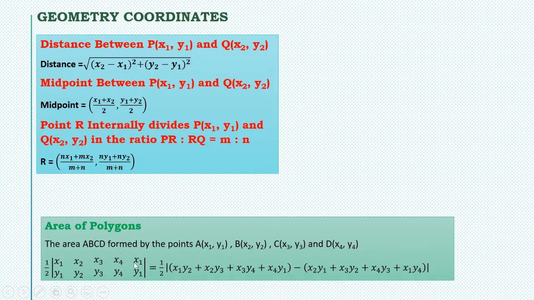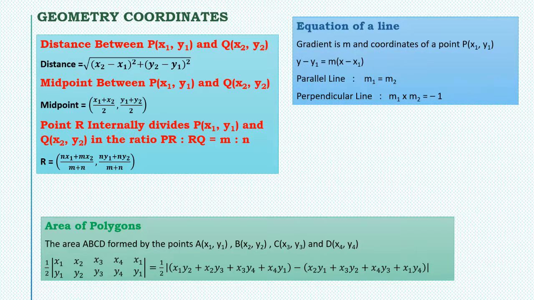Okay, if you get a negative value, that's why there's an absolute sign here. So if the value that you found is negative, with the absolute sign, you will get a positive area because area cannot be negative.